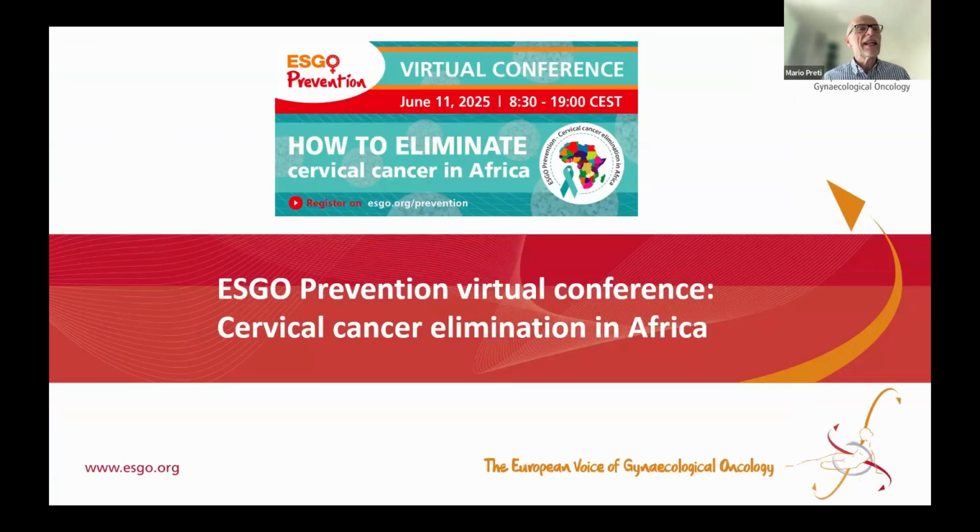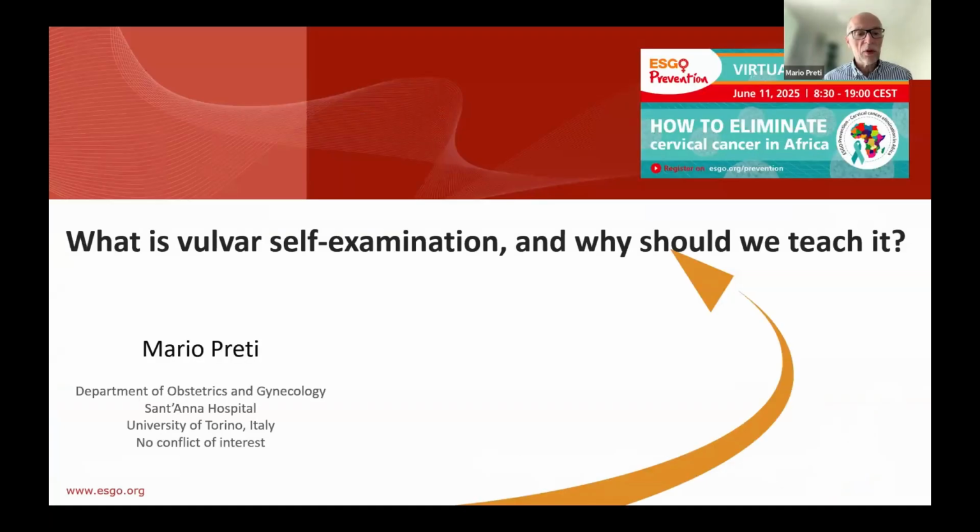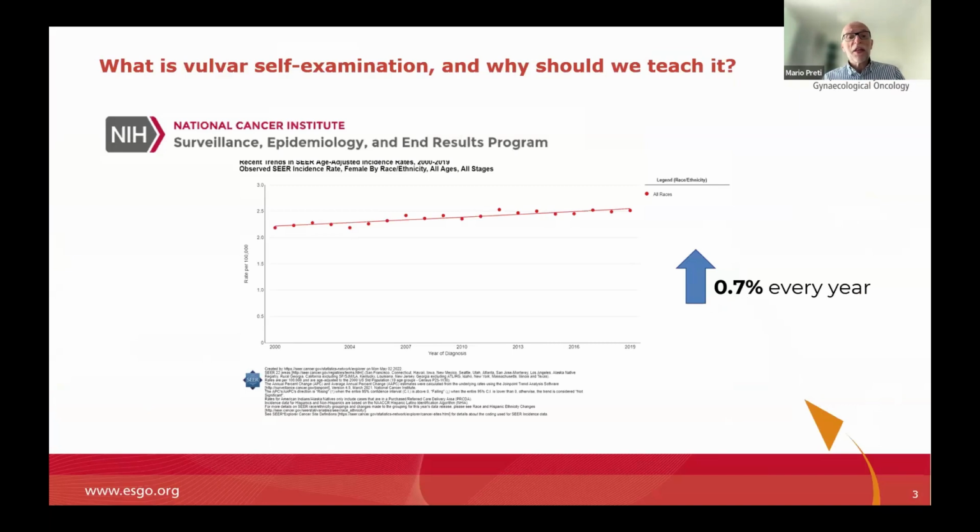Well, and as Andre just told you, we are going to talk about vulvar cervical examination. Why should we teach it? This is the increase of vulvar cancer incidence over the years.